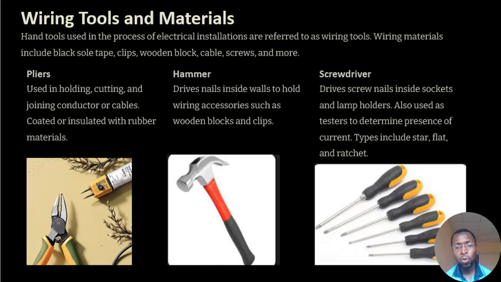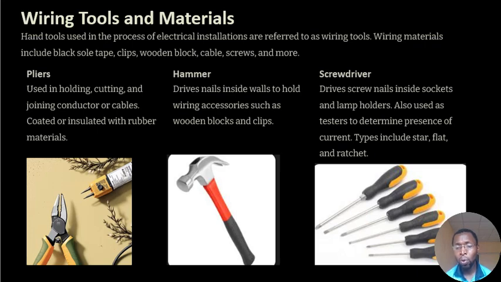Another good tool is known as the hammer. Of course, the hammer is used to drive nails into the wall to hold wiring accessories such as wooden blocks and clips. And then we have the screwdriver. The screwdrivers are also used in holding lamp holders. They are used in driving nails, and this nail is called a screw.